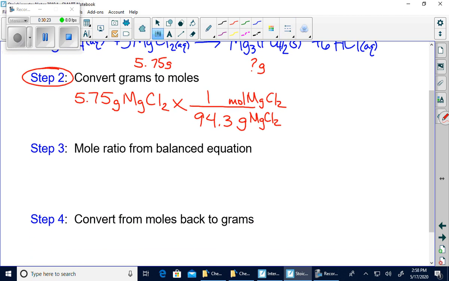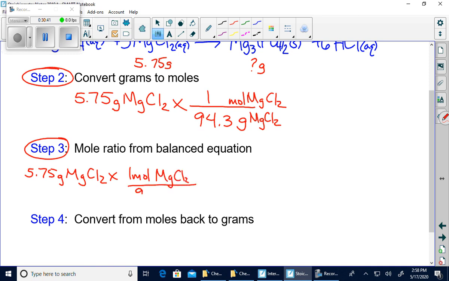I'm not done. I'm going to jump to step 3. Step 3 is put your mole ratio in. So let me copy this real quick. All right, next step. Mole ratio from the balanced equation. Okay, so I want to get rid of moles of magnesium chloride, so that's going to go on the bottom.